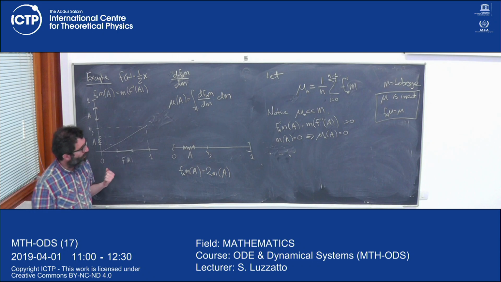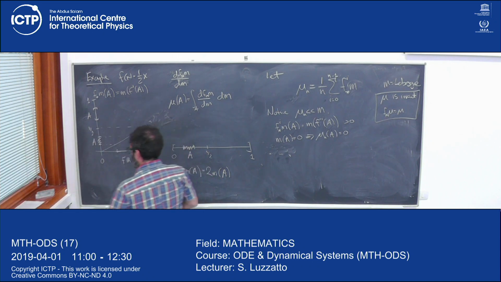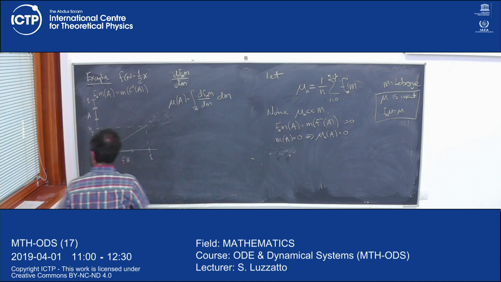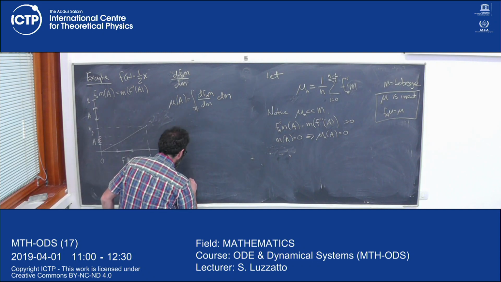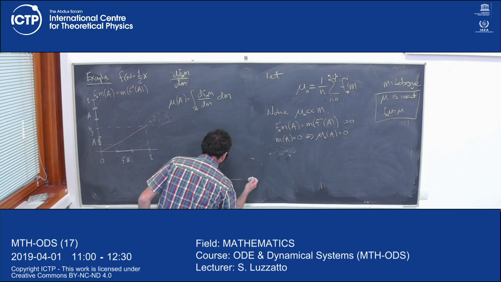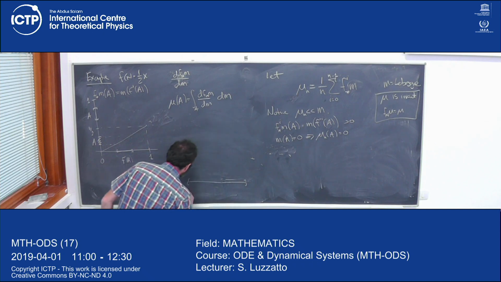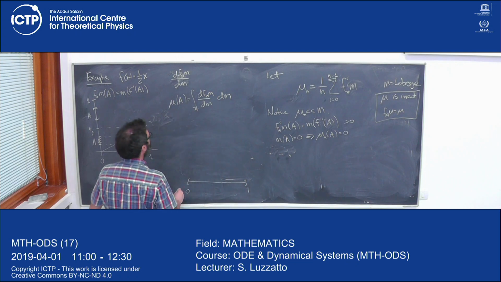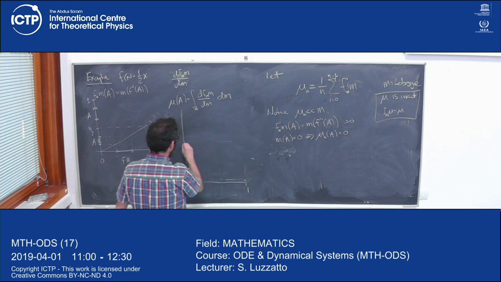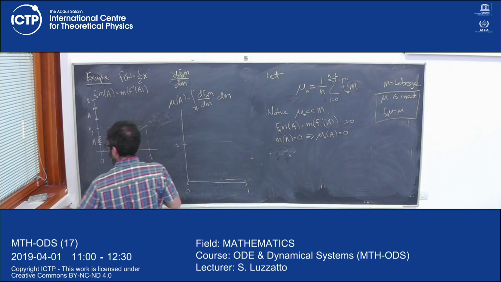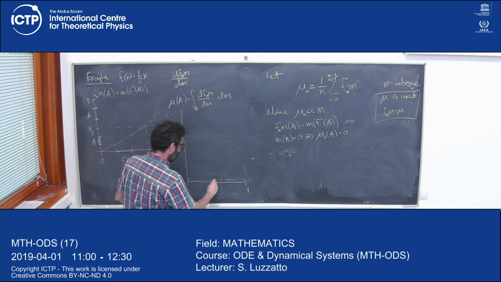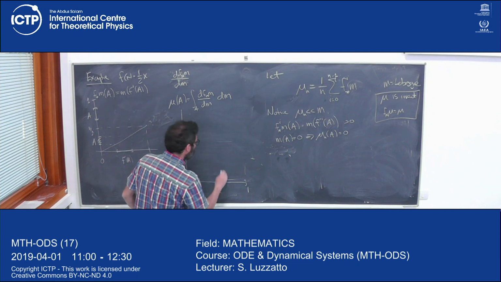Exactly. In fact, I should have drawn this a little bit differently because we're going to need much more space. So let's suppose this is the interval 0, 1, and this here is 1/2.